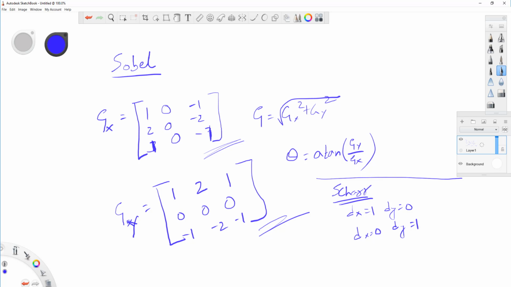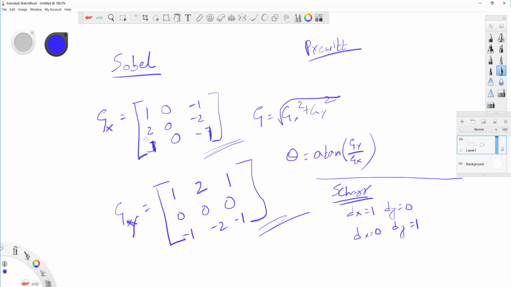Moving on, another one is the Prewitt operator. Like all of these, Prewitt is gradient based, looking at the derivatives. In fact, it looks very similar to Sobel. I think that's how it's spelled.